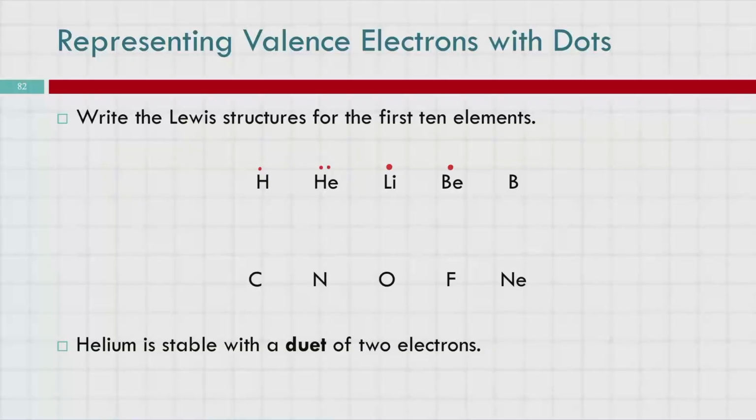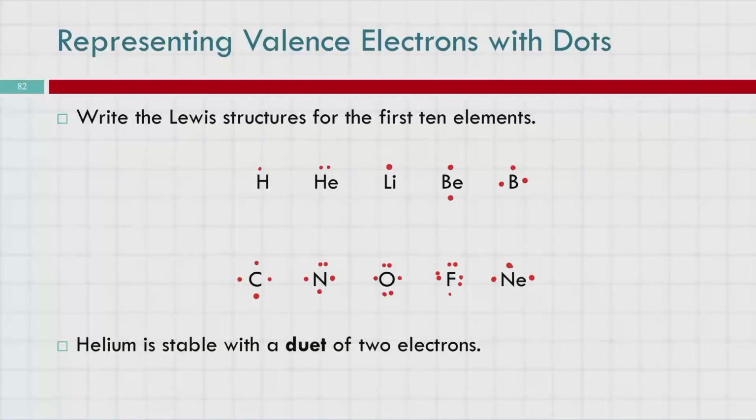Beryllium's next up. It's got 2. Boron then has 3. Carbon has 4. Nitrogen has 5 with 1 pair. Oxygen we saw has 6. Fluorine is 7.